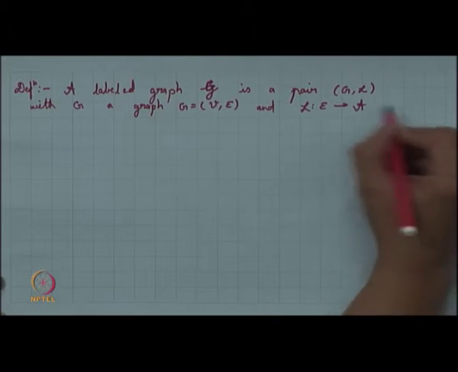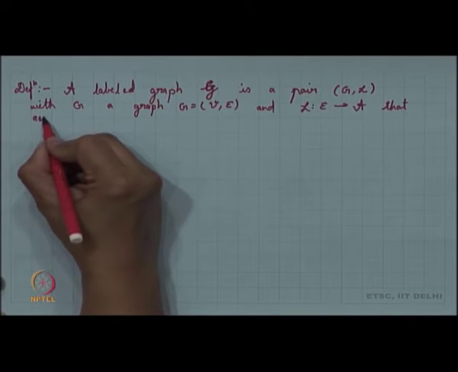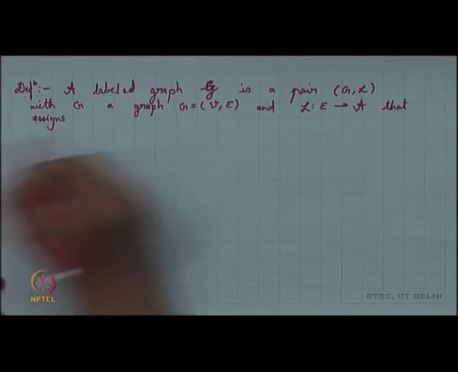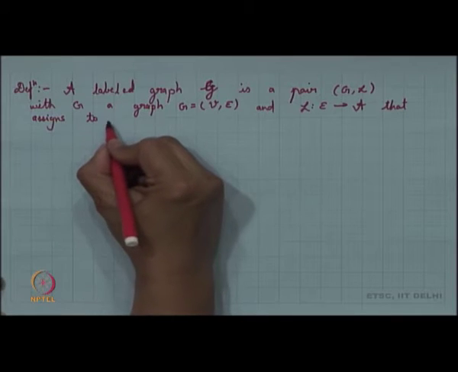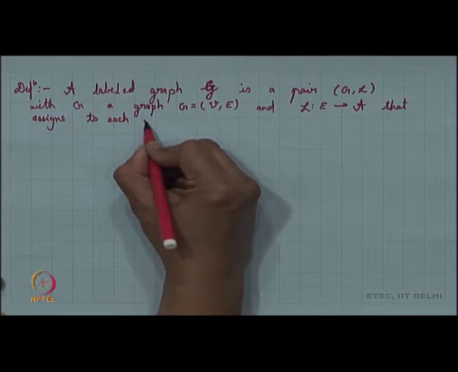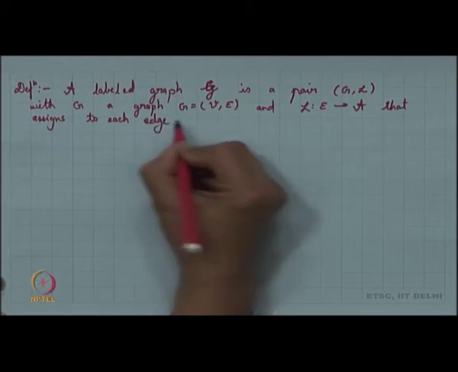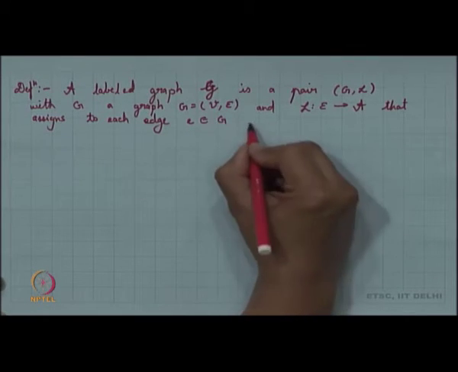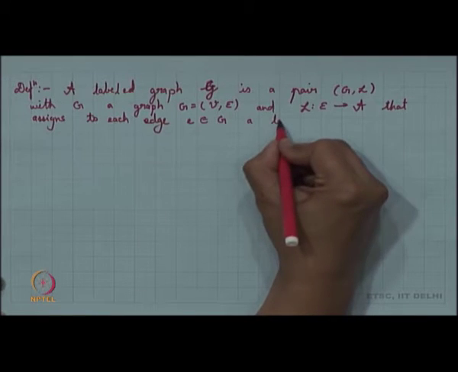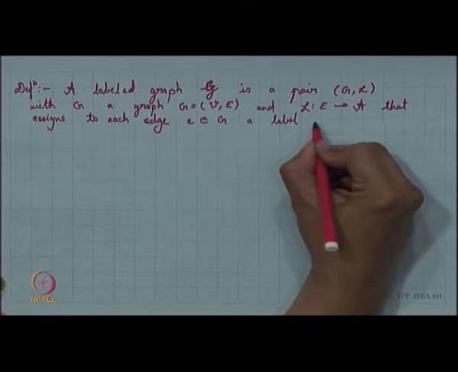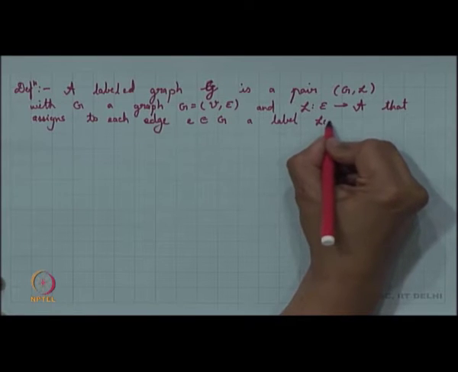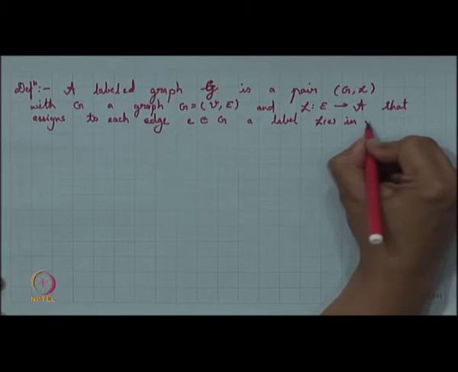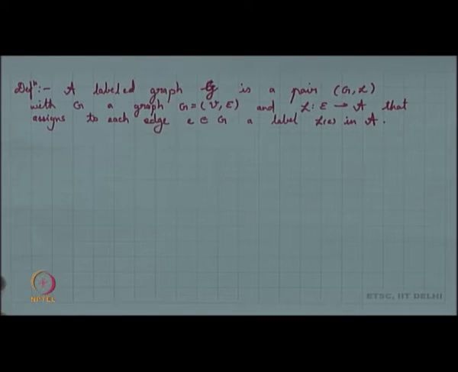So, this L is a function that assigns to each edge E in G a label, say we call it L(E), in A.